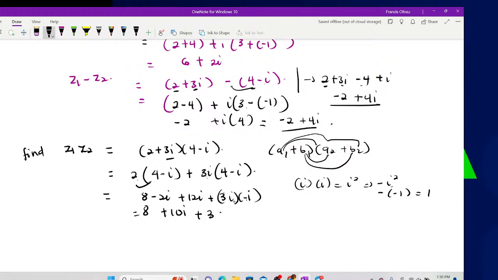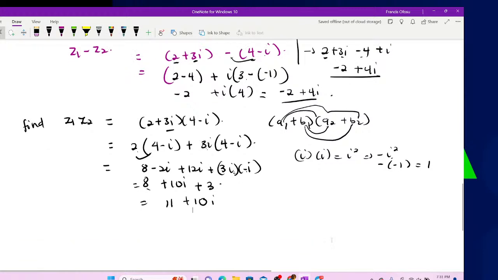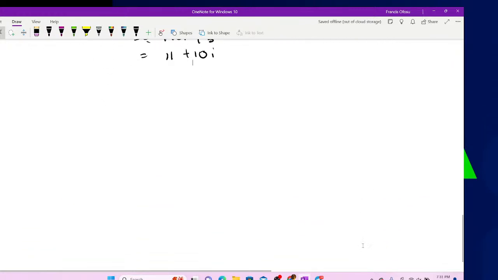So I'll get 3, right? Once I get 3, I'll have 8 plus 3 to be 11 plus what? 10i. So the multiplication of complex numbers also follows the same procedure as we do in our normal binomial expansions. This is all for the arithmetic for now. Let's quickly move to the equality of complex numbers.